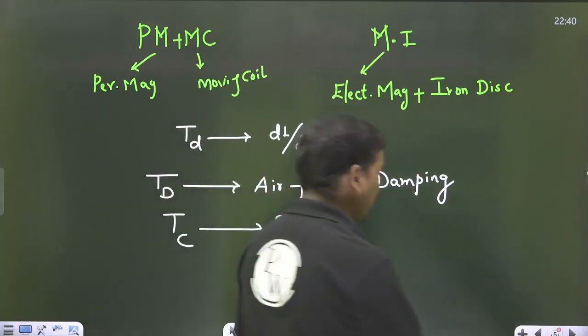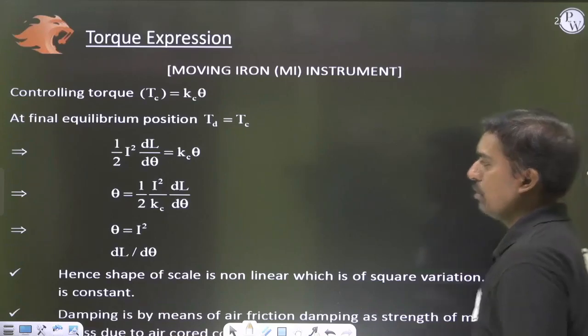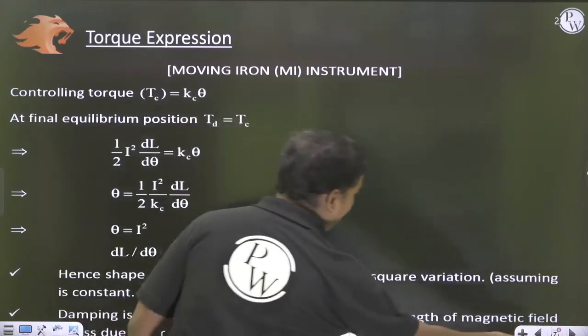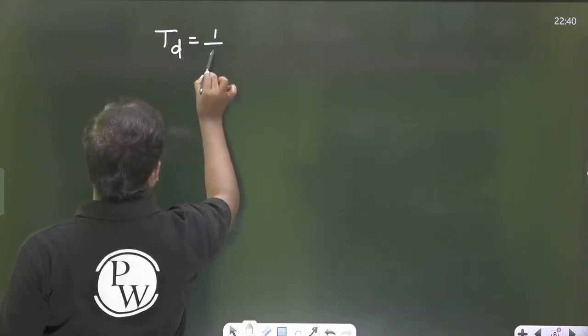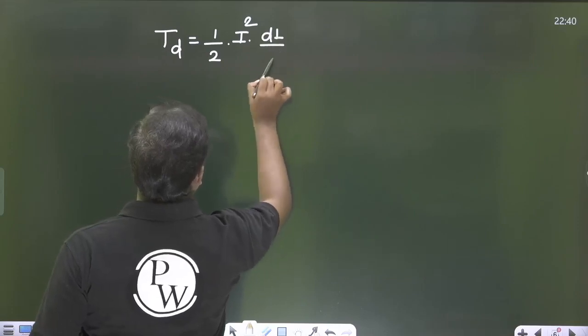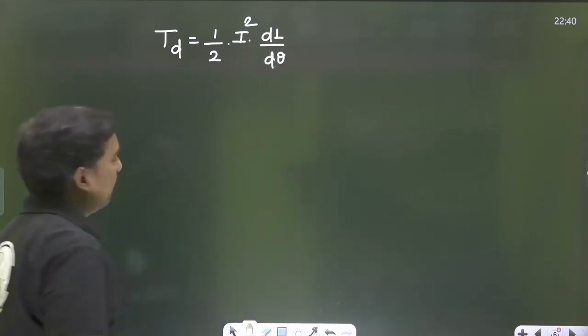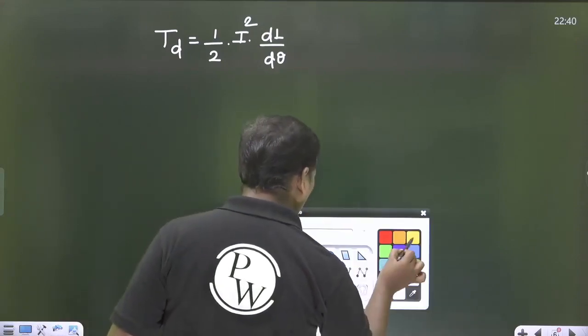Now, before entering the next section, let me talk about the torque expressions. This is the torque expression. The deflection torque TD, please remember this, I am not deriving, is half I square into dL by d theta. Try to remember this deflection torque expression. We can derive it, but it's not necessary now.